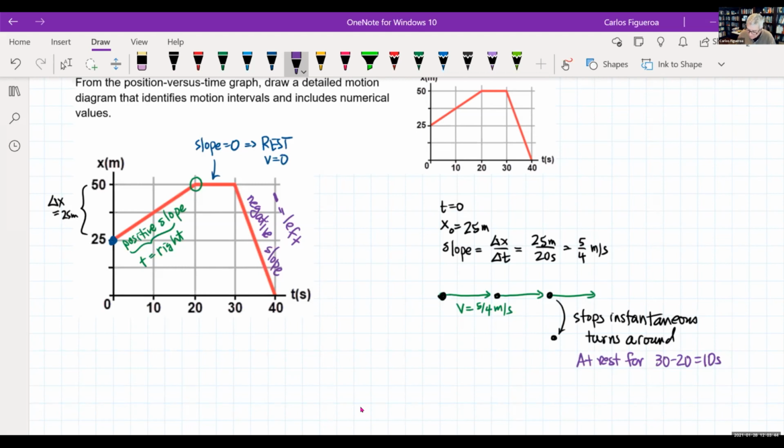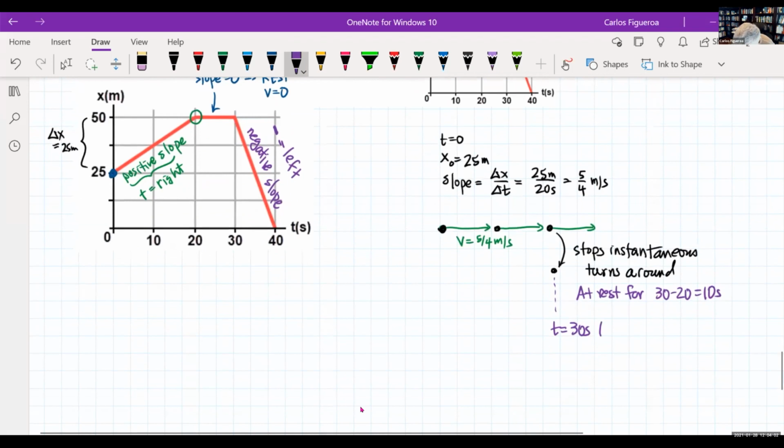And then finally, what happens next is that you see there's a negative slope. So at t equals 30 seconds, the slope changes. In other words, the car goes from a speed of 0 to what speed?